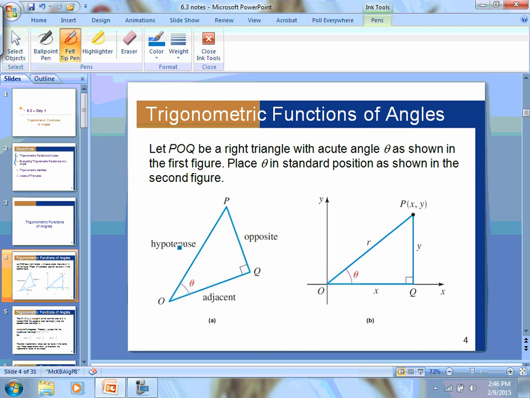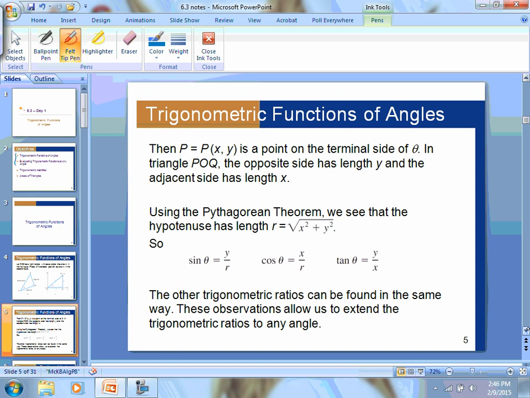Okay, so we've known that. We did that in the previous chapter with the unit circle. We drew in our reference triangles. So instead of remembering our trig functions as sine is going to be opposite over hypotenuse, cosine is going to be adjacent over hypotenuse, tangent is going to be opposite over adjacent, instead of remembering those ratios, we can remember them as y over r, x over r, and y over x.